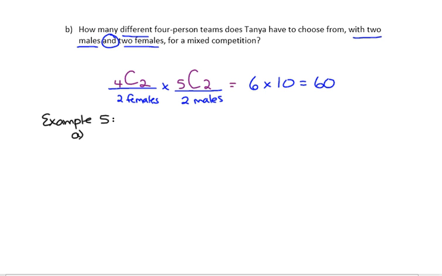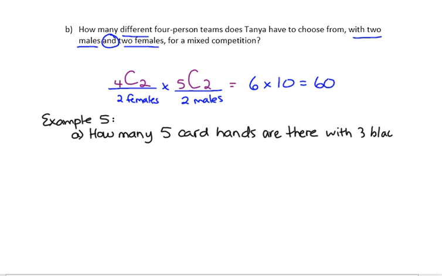Part A, how many 5-card hands are there with 3 black cards and 2 red? Okay, that's A.